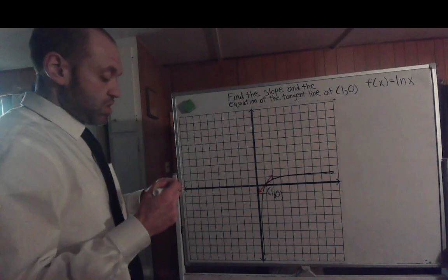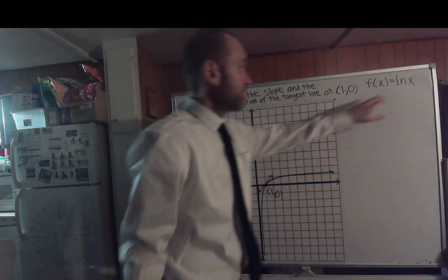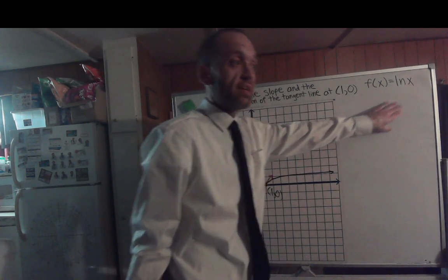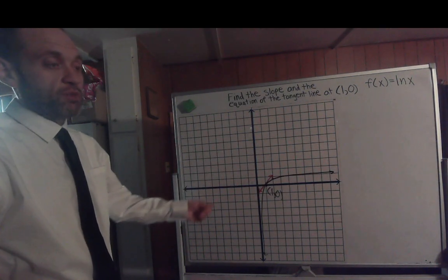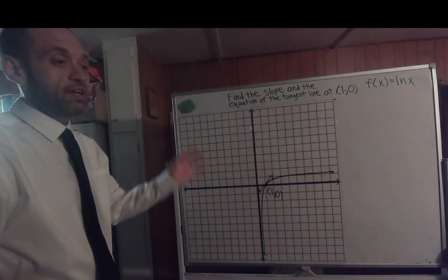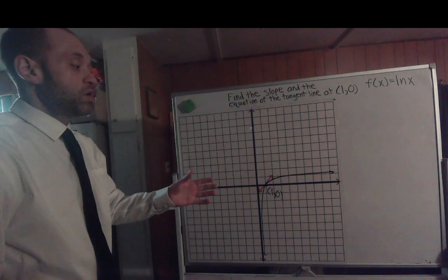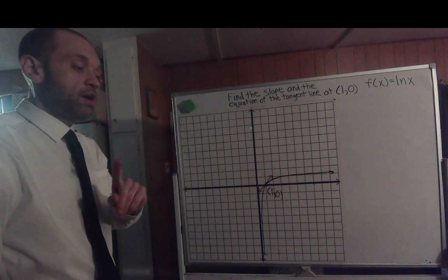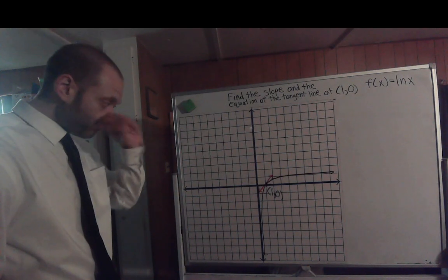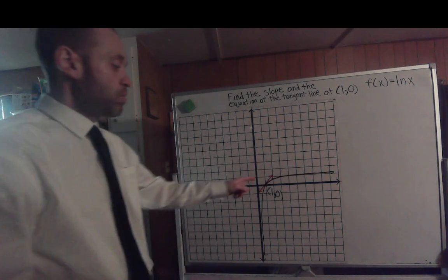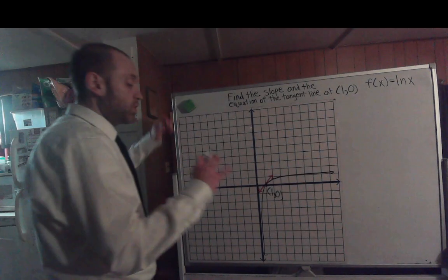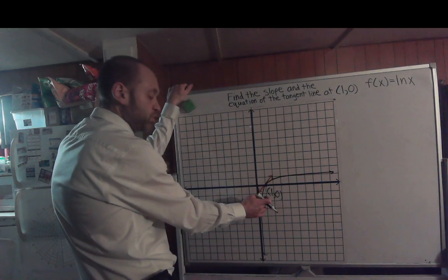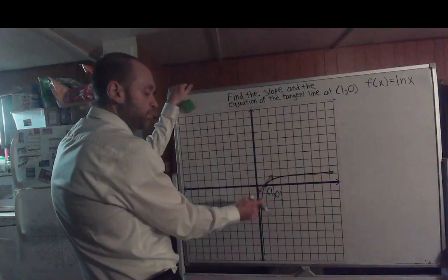So we definitely can't pick x equals 0 because the natural log is undefined when you have 0 inside of the argument of natural log. So we have to take greater than 0. Well, what if I started out with 0.5? So what if I go to the left of x equals 1 by half a unit?